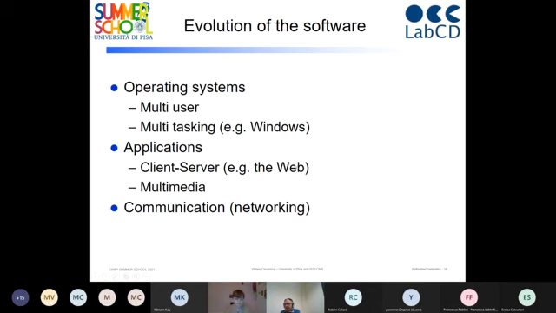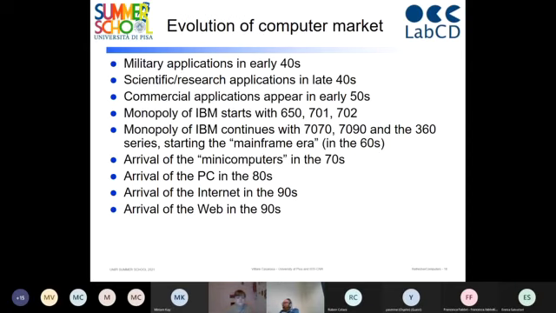We will see that a little bit better. And then we have the communication, on which we will spend a few words, because this is the essence of the internet and the web of today. I mean the ability of networking, meaning the ability to exchange information over a network of computers. So now, with this in mind, what has happened over the last 70 years of evolution of computers?